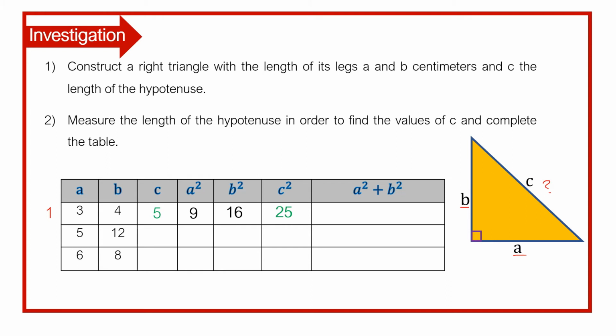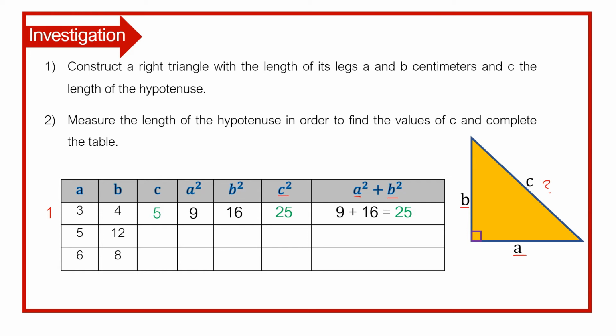After that, get a squared plus b squared. a squared is 9 and b squared is 16. So we get 9 plus 16, which is equal to 25. Now note that when we get a squared plus b squared, we are getting c squared.